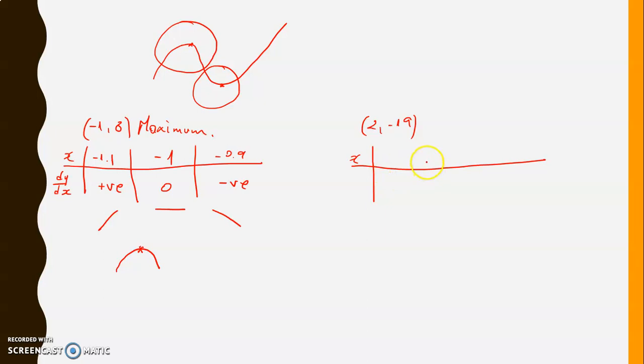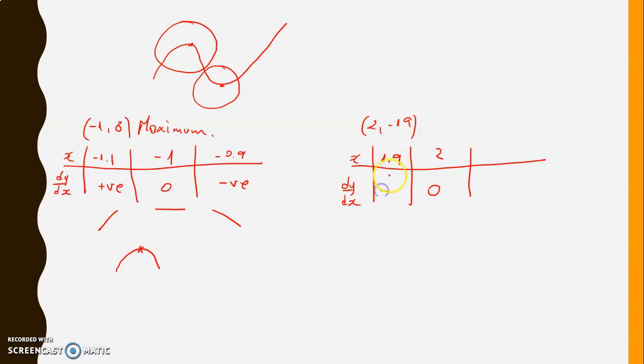We already know that when x equals 2, the gradient dy/dx is 0. So we take a point just before 2, let's say 1.9. You can take 1.5 or 1 if you wish, but it's better to take it as close as possible.